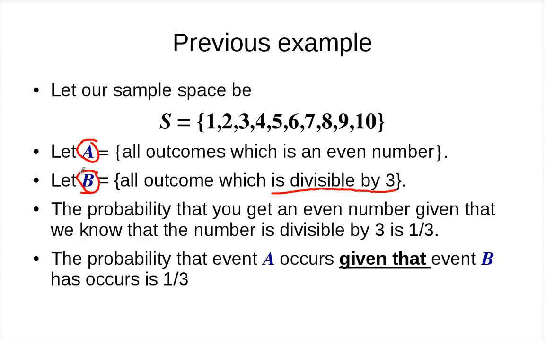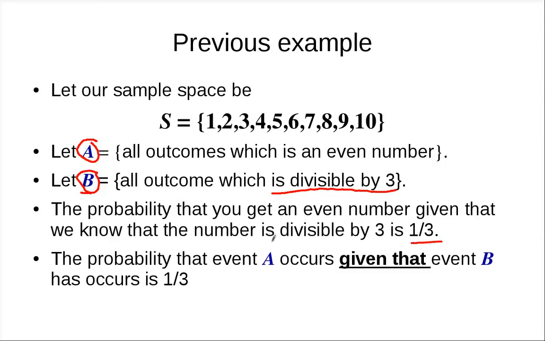So when we talk about the probability that you get an even number when the number is divisible by 3, we're talking about 2 events. One is when we say that you get an even number given that we know that the number is divisible by 3, is 1/3.